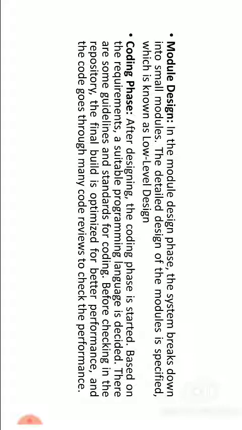There are some guidelines and standards for coding. Before checking in the repository, the final build is optimized for better performance, and the code goes through many code reviews to check the performance. The work goes to the developer only. It is the coding part.